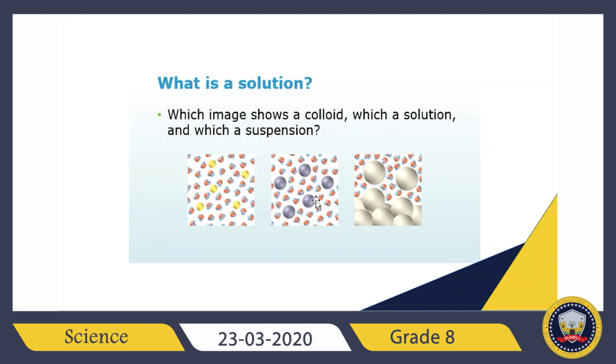So now here, for example, this mixture is called a colloid, and we can see that the particles here are much bigger than the particles in the solution, but still they have a medium size compared with the suspension. So the particles in a colloid have a medium size between the solution and the suspension.